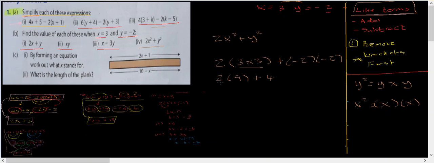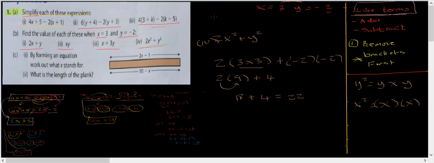Now we can multiply this by this to get rid of the bracket. So 2 by 9 is 18, plus 4 is equal to 22. So that's part 4. Okay, so that's those ones.